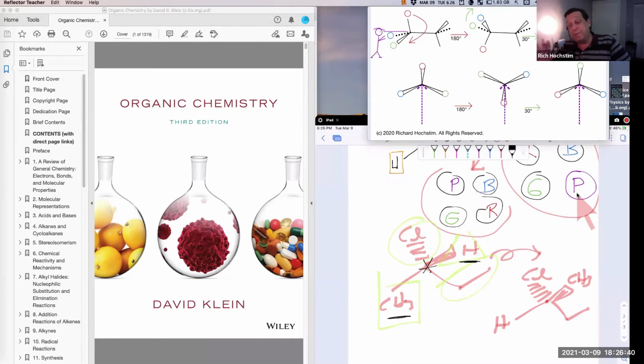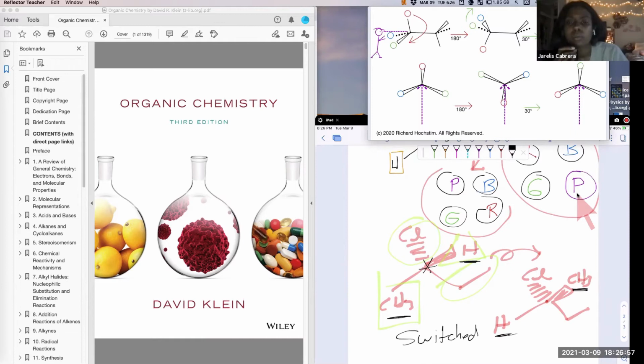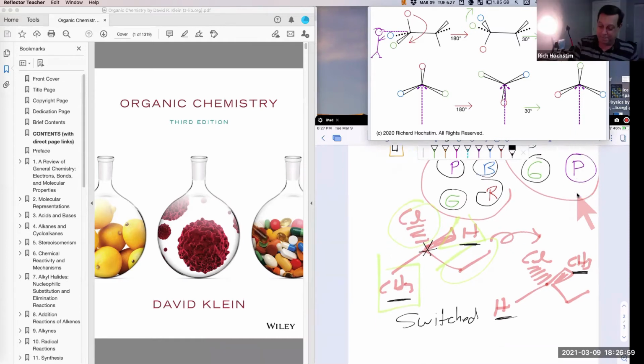So I am assuming that you agree that these are the groups that have been switched. The ones with the black. Yeah. Okay.